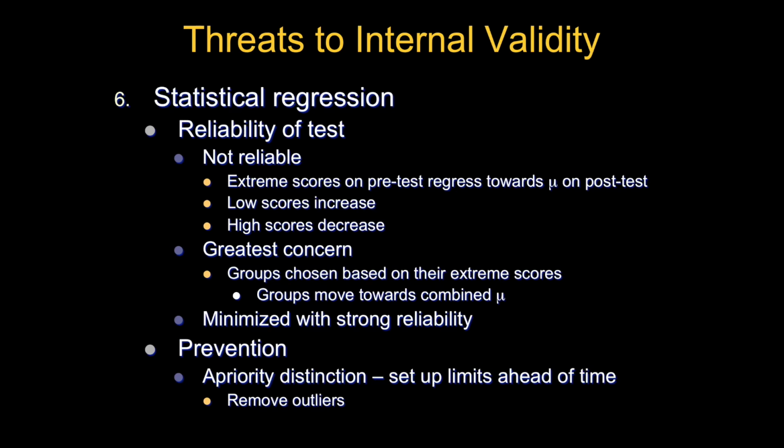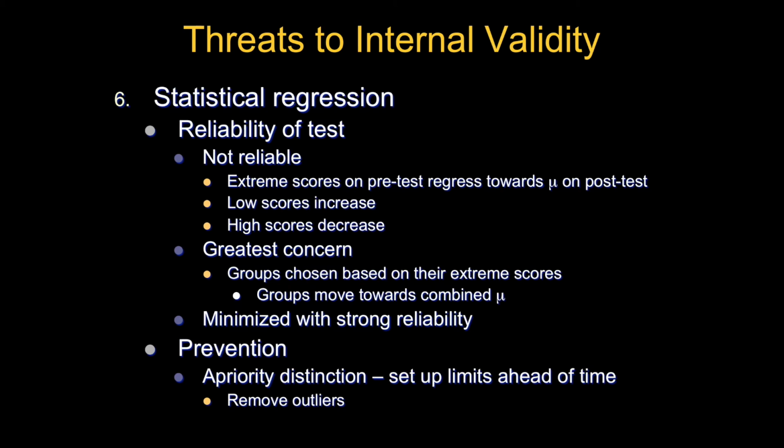And in this case, if you end up with a score of 0, it shows that there was no change in whatever you were trying to measure. So that is a problem, and so you need to choose the test appropriately for whatever it is that you're trying to measure. So you really want to avoid this situation where groups are being chosen because of their extreme scores, which again moves the average or the group towards the average.